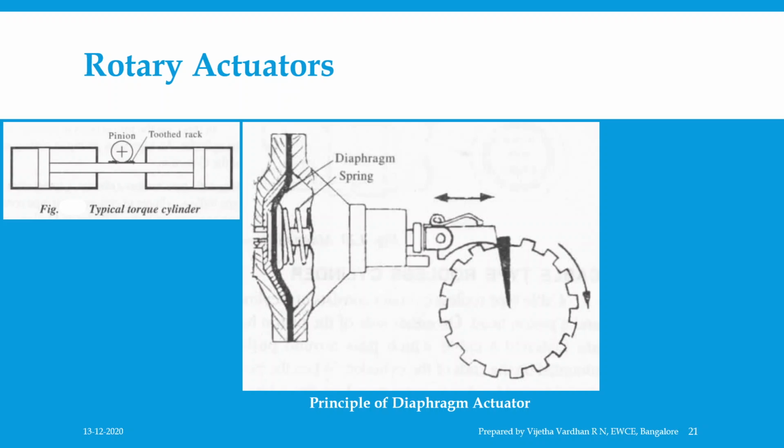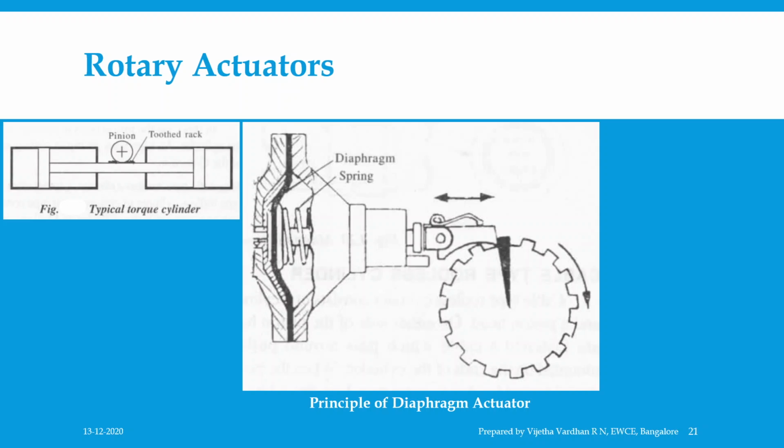Then coming to one more type, the paired diaphragm cylinder actuator. It is a combination of two conventional diaphragm cylinders mounted on a common centerpiece carrying a toothed wheel. Each piston rod terminates in a ratchet engaging the toothed wheel, as shown in the figure.